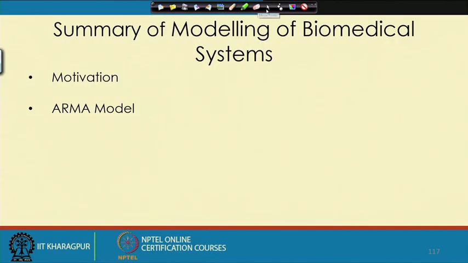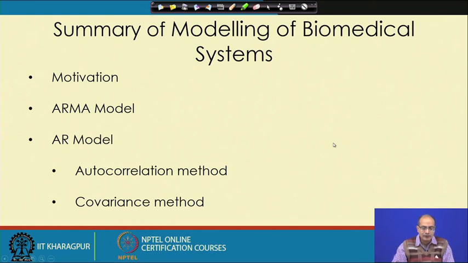So, during the analysis we find that model and we get the error as white noise, and that is why we call it a whitening filter. And let us look at the ways how we can find the AR parameters.